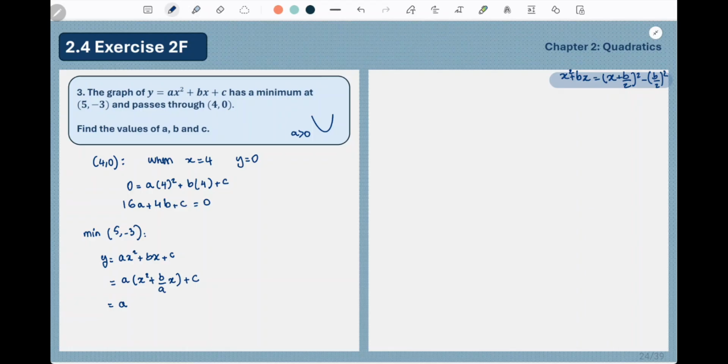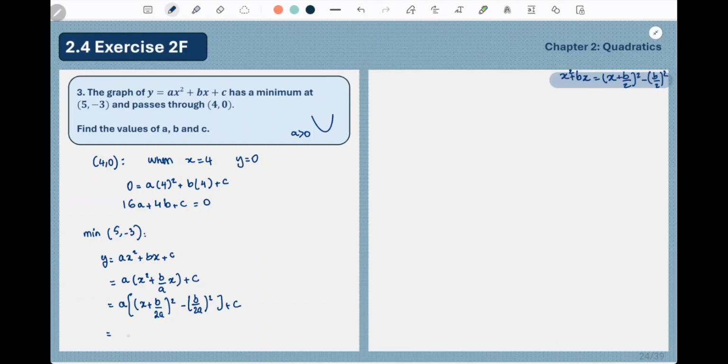In this case, b is b over a, so it's (x plus b over 2a) squared minus (b over 2a) squared, plus c. And c is outside all of this.